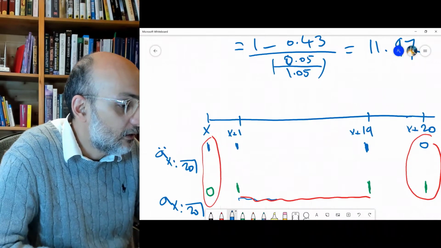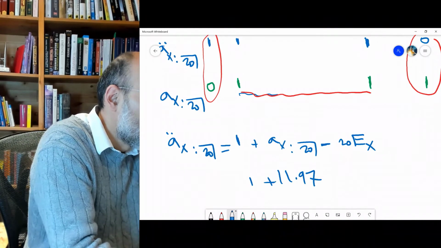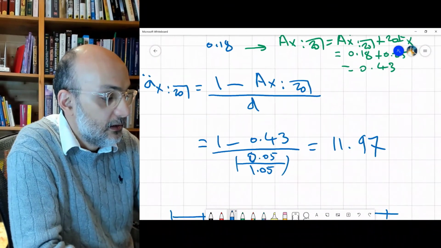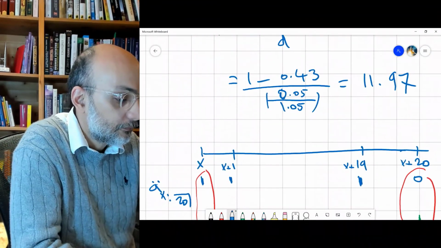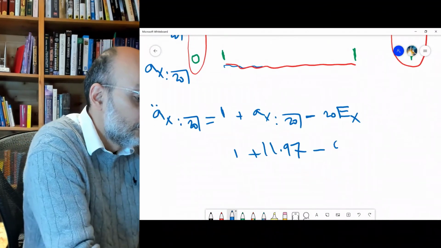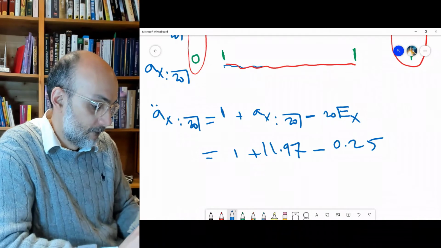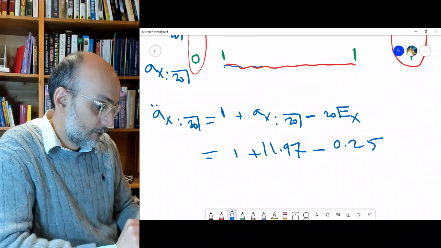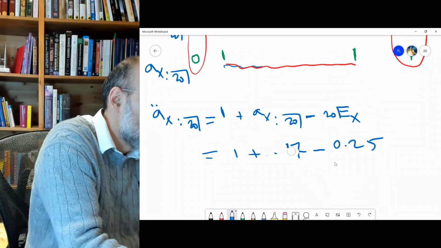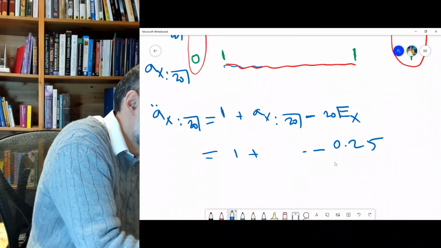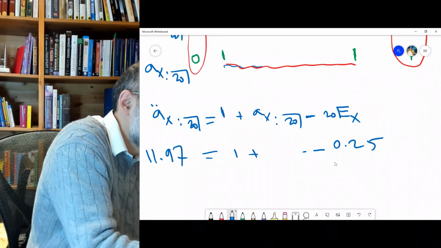We have 11.97, this one, minus 20 EX, which is given to us as well, 0.25. Sorry, I think when we calculated here it was 11.97. Just let me make sure.